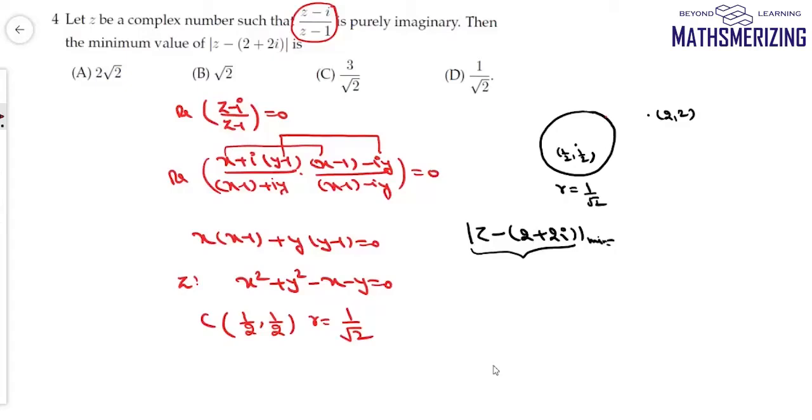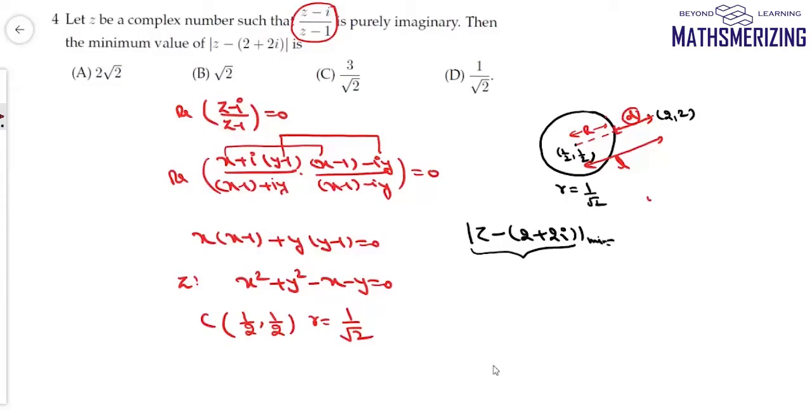Now the point which is on the circle and which is closest to 2 plus 2 iota is the point which lies on the line joining the center and this given point 2 plus 2 iota. So now the minimum value of mod of z minus (2 plus 2 iota) is this distance. Now how do we find this distance? So first we'll calculate this distance, and from this distance if we subtract the radius of this circle, we'll find the minimum value of mod of z minus (2 plus 2 iota).